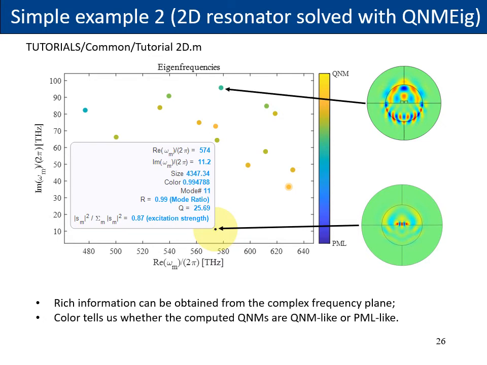And on the other hand, for this greenish mode, you find that its field distribution inside the resonator is very small, whereas it has large field components inside the perfectly matched layer. And therefore, they represent this mode with a green color, and it can be attributed to a PML mode.